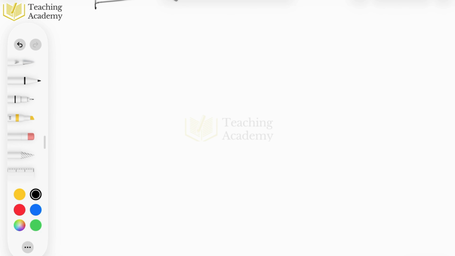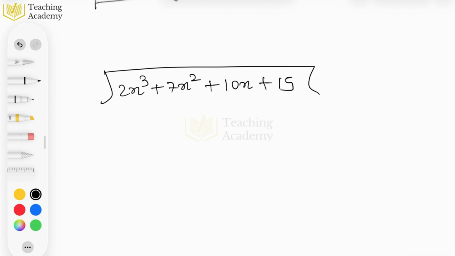Let's take an example. I am dividing 2x cube plus 7x square plus 10x plus 15 by x plus 2. Here you need to understand one more thing: you have to write the polynomials in their standard forms, both the dividend and the divisor. What is the standard form?